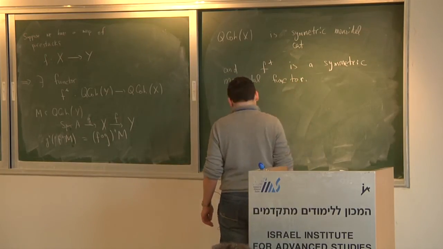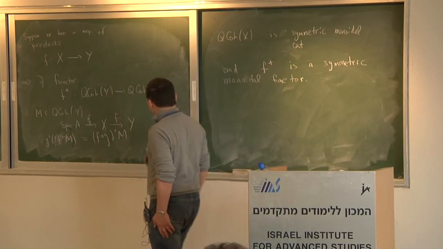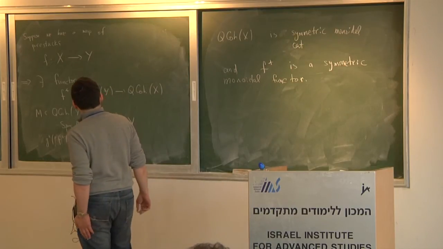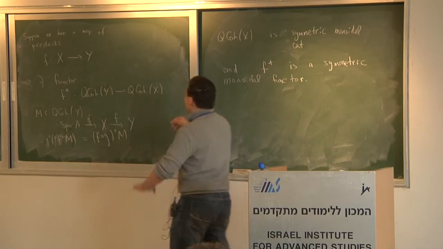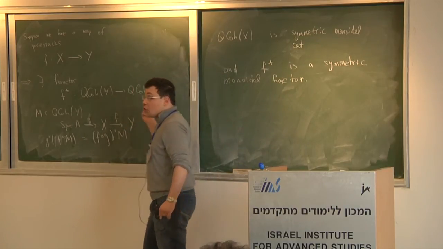Okay. Now, as we said, functors, by definition, are ones that preserve colimits. And by construction, this functor preserves colimits.